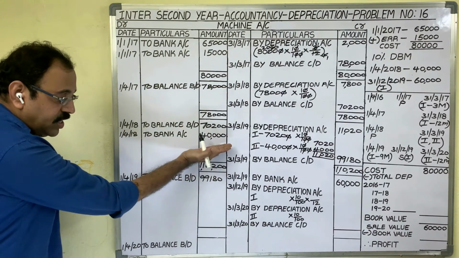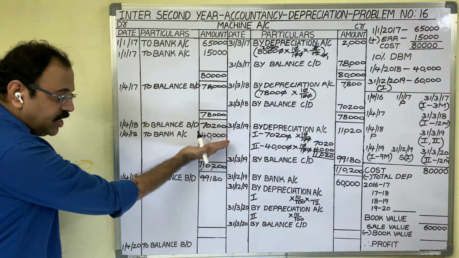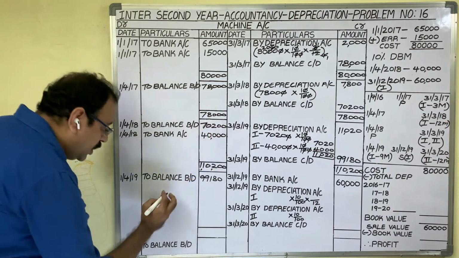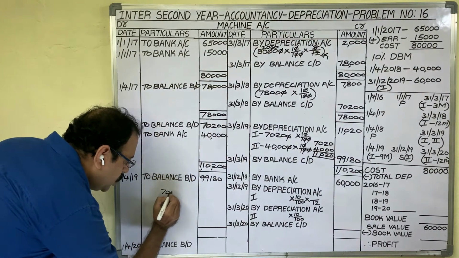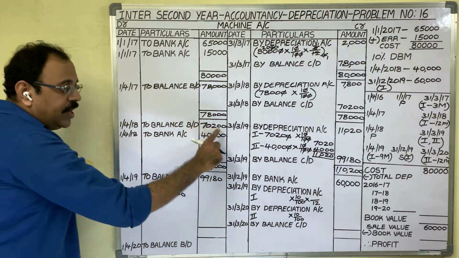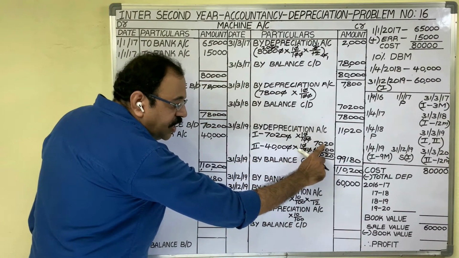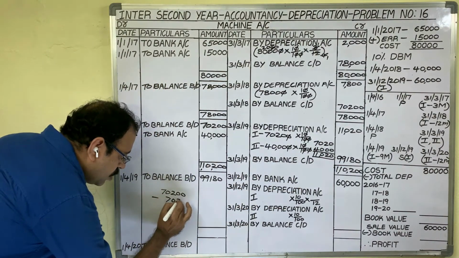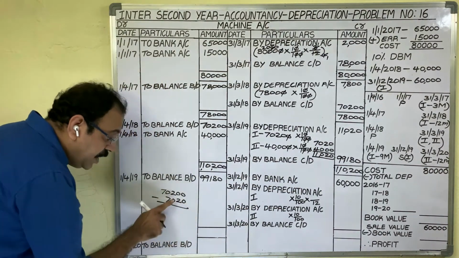Go to previous year. In previous year, in third year, first machine opening balance is 70,200. And in third year, depreciation on first asset is 7,020. I need this value.